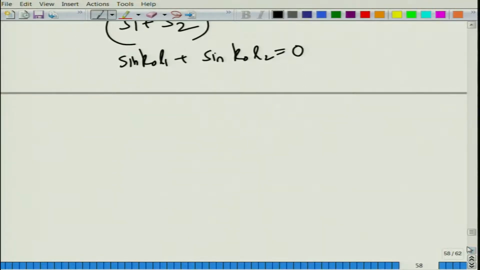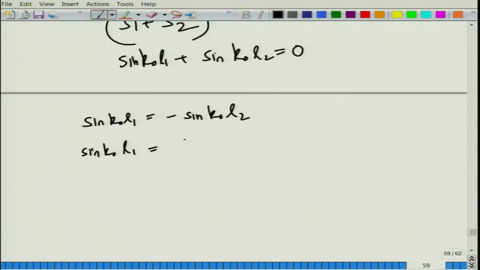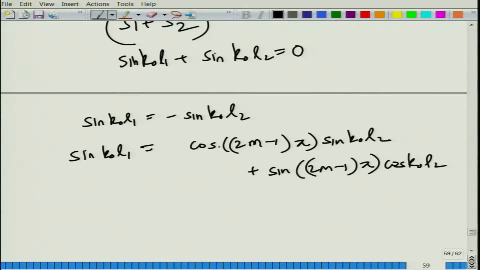So, let us go to that. When will that happen? When you have sine of k naught L1 equal to minus sine of k naught L2. There are two conditions, of course. Minus can be written as cos of 2m minus 1 pi, because for any m equal to 1, 2, 3 and so on, this will be 0 identically for all m being an integer.